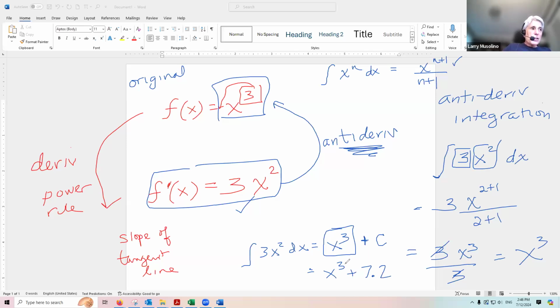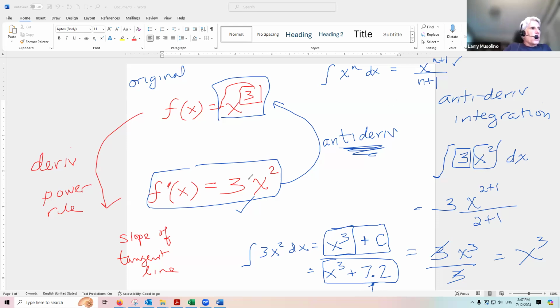But if I took the derivative of this function, I would still get back to 3x squared. Because you remember the derivative of a constant like 7.2 is 0. So we use this arbitrary constant plus c there to take into account the possibility that this original function could have had a constant out there.